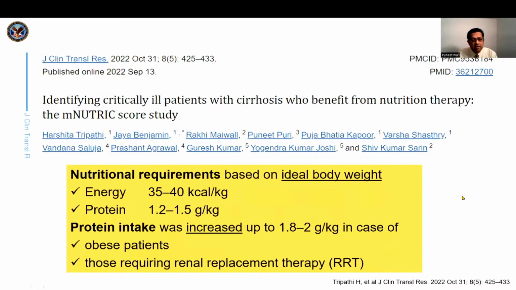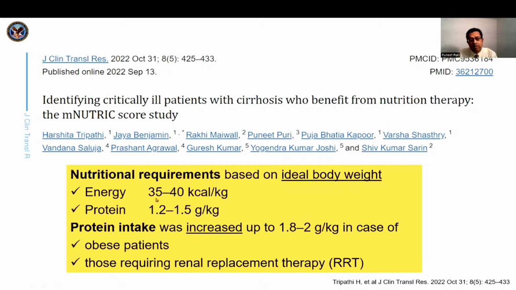There are very limited data, and we pioneered this study that did not just include the risk stratification, but also the impact of nutritional intervention in patients based on the mNUTRIC score. In this study, over 150 alcoholic cirrhotic patients were studied in critical care. The nutritional requirements were based on ideal body weight, because this enrollment period was in 2017, based on the ASPEN guidelines.